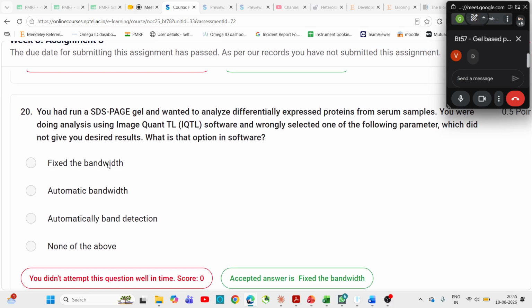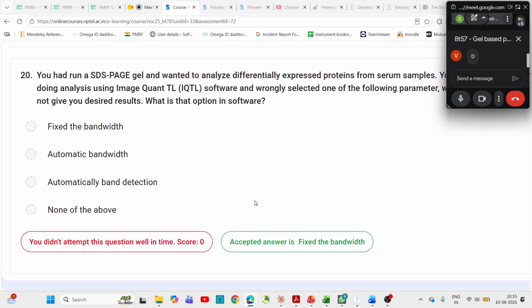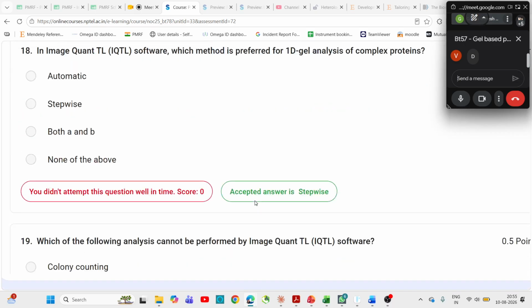It's the fixed bandwidth, because of which it did not give you the desired results. If you had selected automatic band detection, it would have helped in analyzing the results.